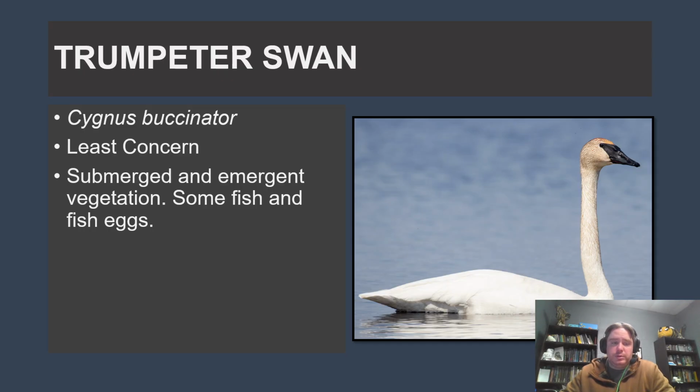The trumpeter swan, Cygnus buccinator, is the only swan listed in the tag online as a least concern swan that consumes submerged and emergent vegetation as well as fish and is known to sometimes eat fish eggs as well.